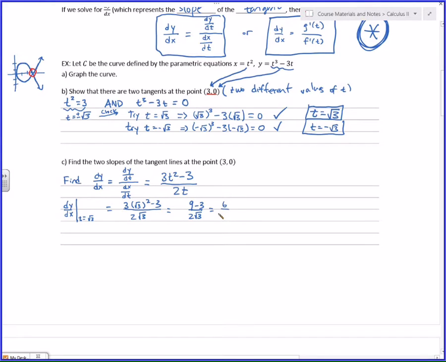Which is 6 over 2 square roots of 3. 2 goes into 6 3 times, and then 3 divided by the square root of 3 is the square root of 3. So that's the slope at time t equals square root of 3. So that would be the positive slope right there.